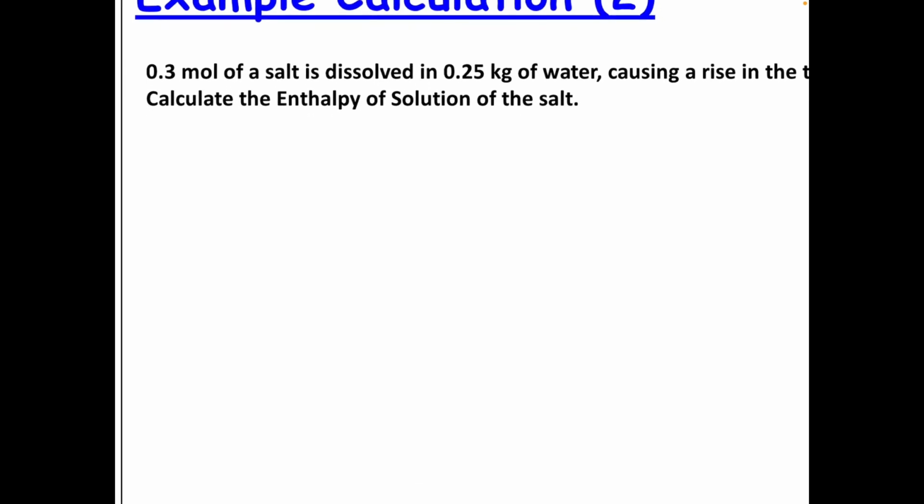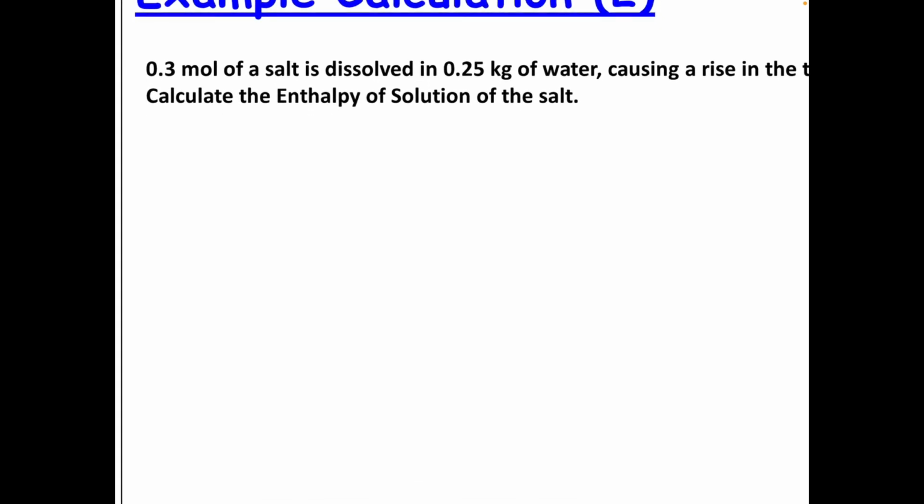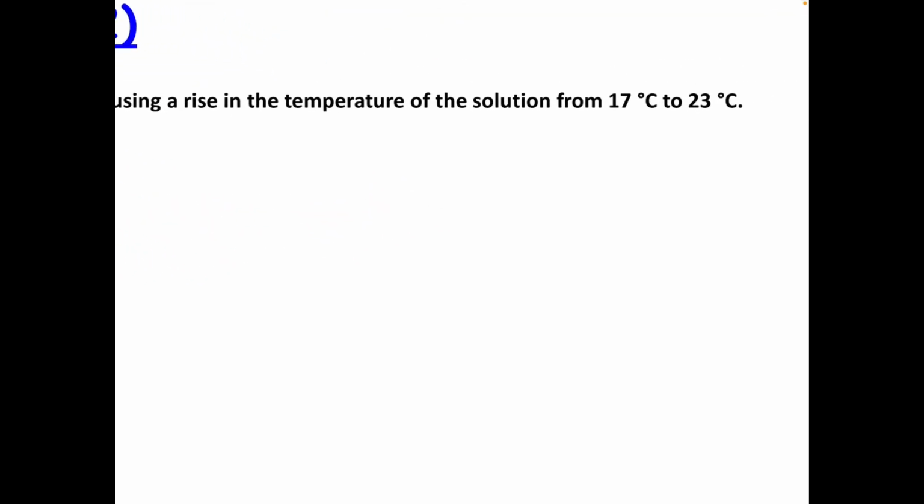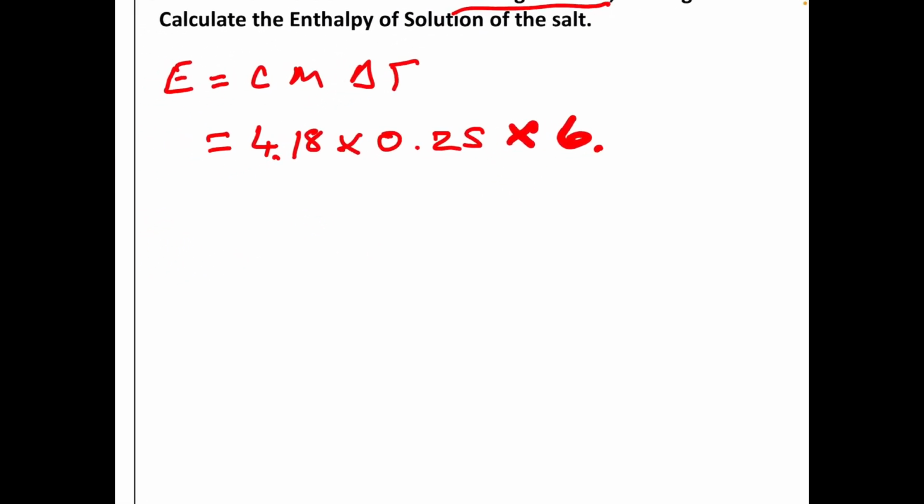Okay, so the first part is to work out the energy change. So that's E equals Cm delta T. C is always 4.18 when it's water. It tells you the mass of water is 0.25. And the temperature change is 6 degrees, because it goes from 17 to 23.